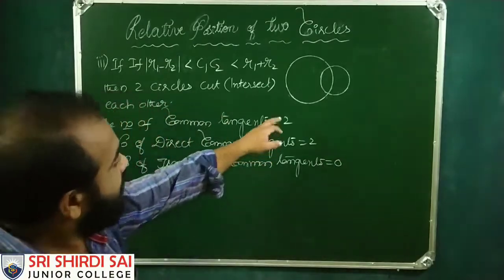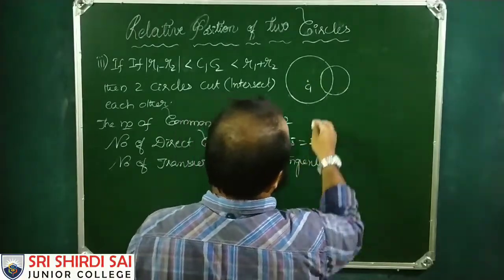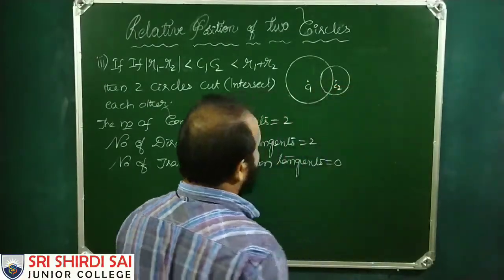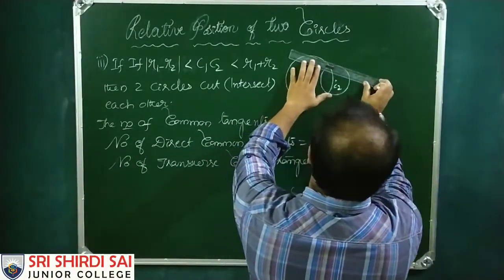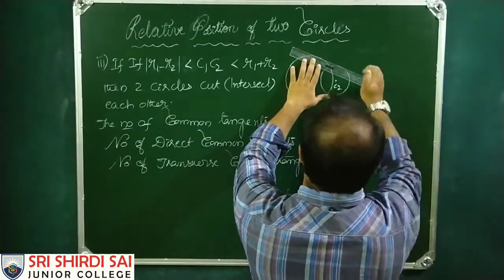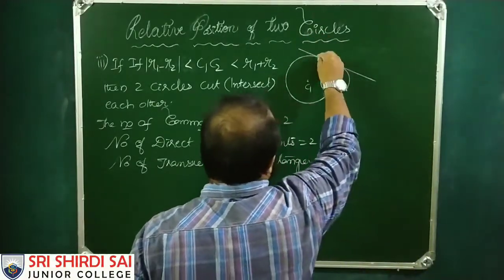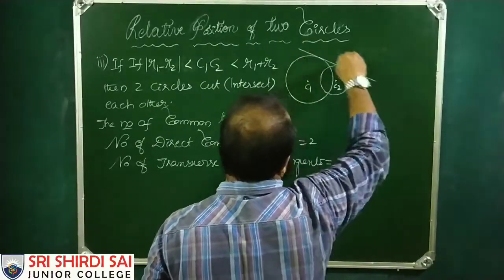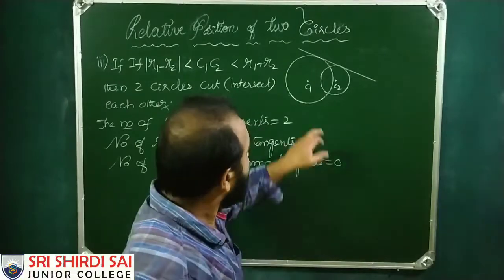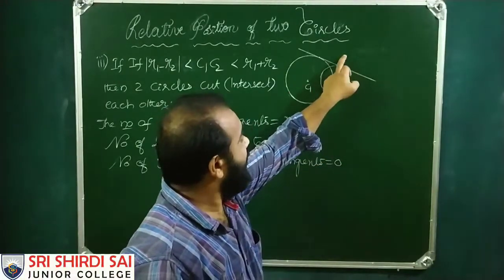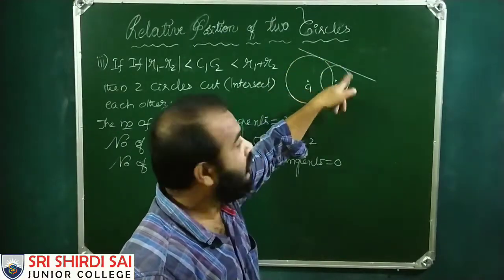So these are the two circles, they are intersecting each other. This is one line common to both the circles. These are the points of contact. Therefore this is called a common tangent, which is a direct common tangent, because with respect to this line the two circles lie on the same side, the down side of the line.